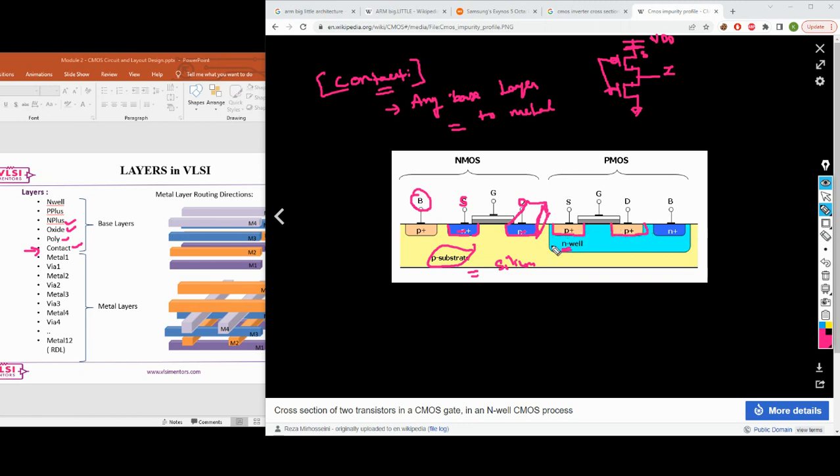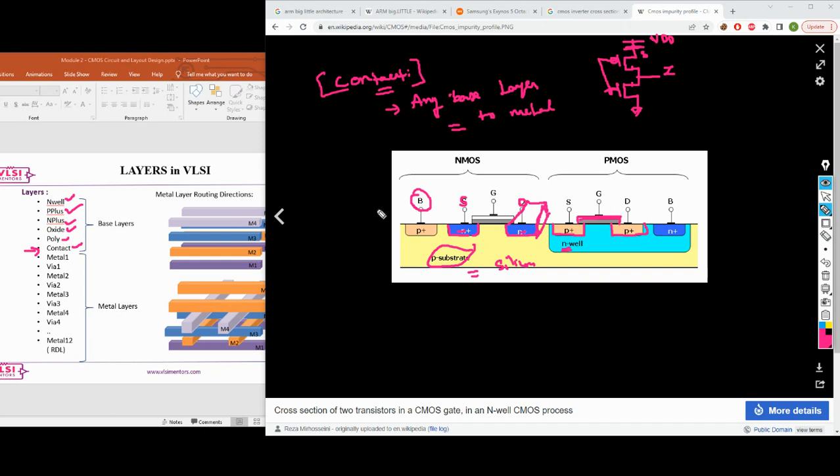So the whole thing is NMOS, and N well is where you manufacture your PMOS transistor. As usual, this is going to be your poly and the gate part. Look here: N well is needed for manufacturing your PMOS, and then P plus is needed for the P diffusion to form a PMOS transistor.